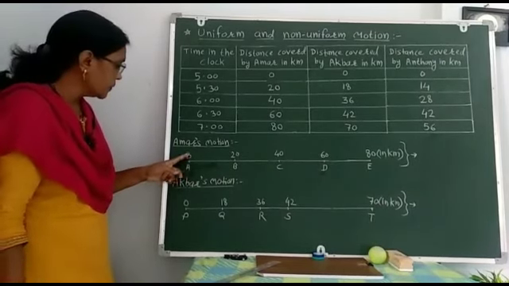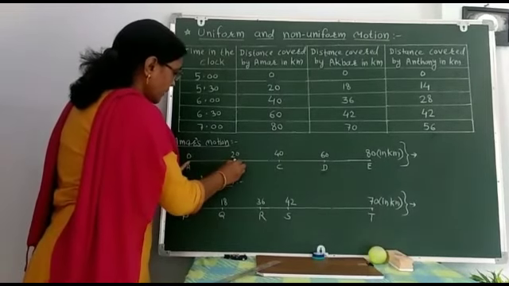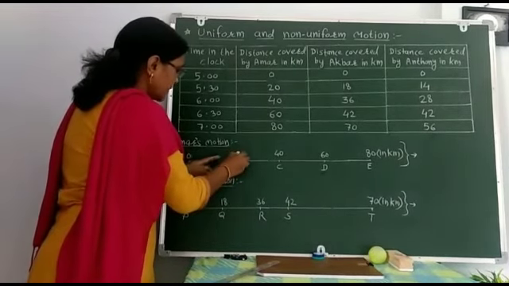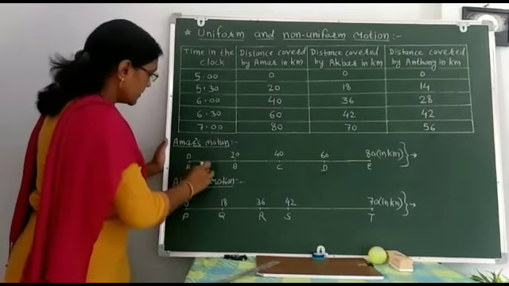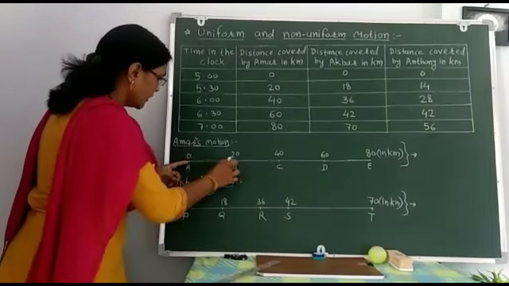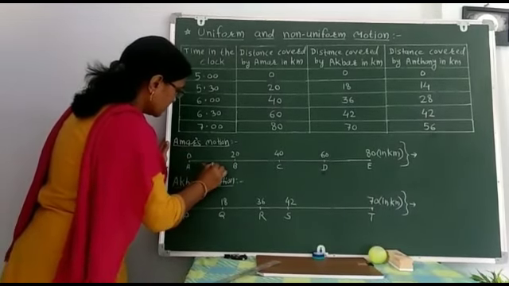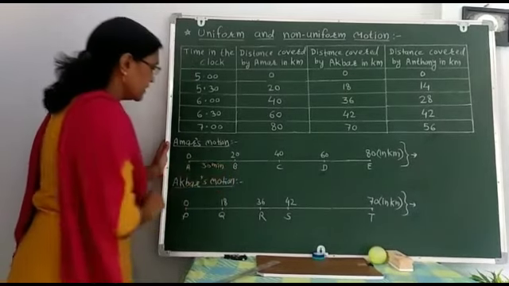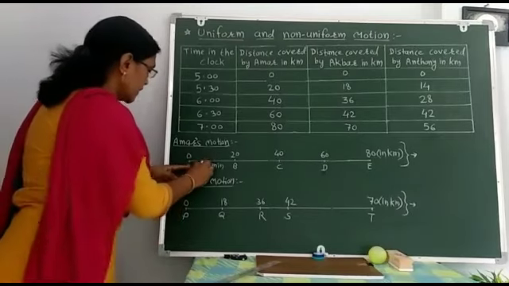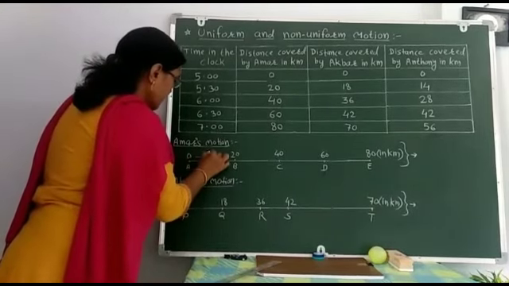Now he starts from A and reaches B. Here his distance traveled is 20 kilometer, and the time interval from A to B is 30 minutes. So within this 30 minutes he travels the distance 20 kilometers.